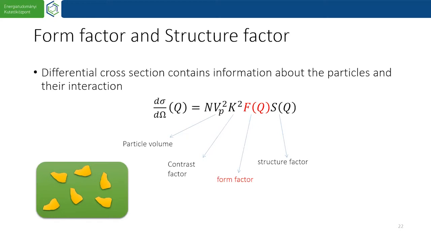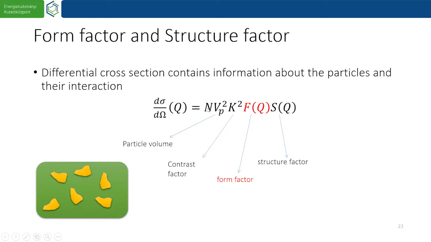So the mathematics is a little bit complicated, but we will not do real mathematics here, but we will see what are the important factors or important quantities in all these scattering expressions. So here again, the differential cross-section. Now this is the characteristic of the sample itself.